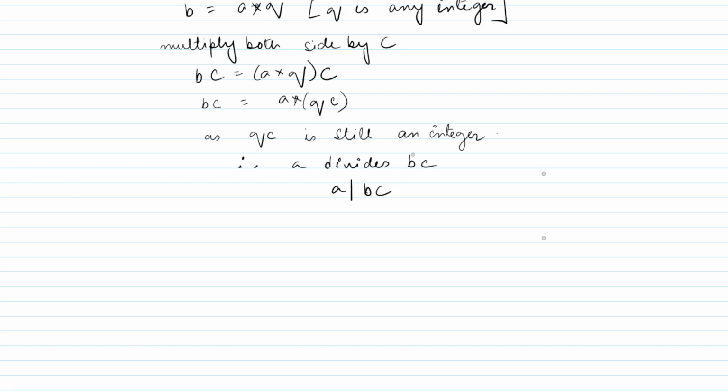All right. So what we can say is that multiplying by another number does not break divisibility, right?